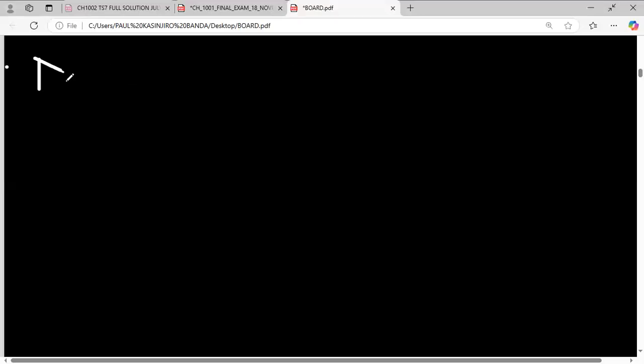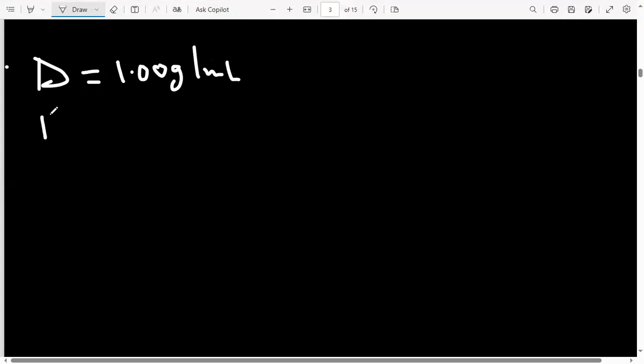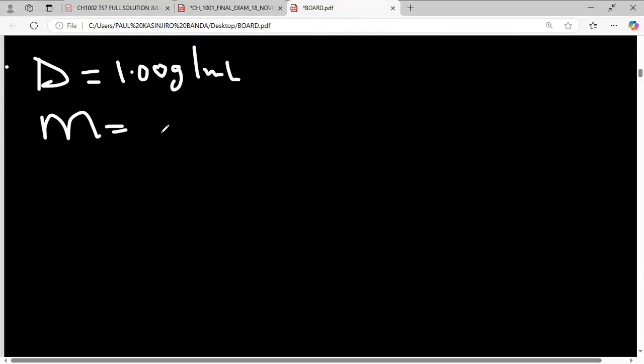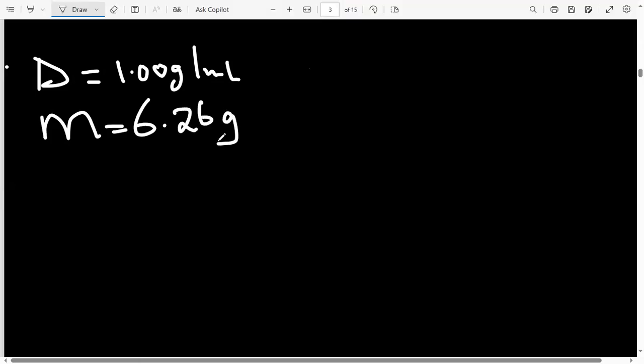So we've been given the density there to be 1.00 grams per milliliter. Okay, what else have we been given there? We've been given the mass. Okay, so this mass here we were given as 6.26.